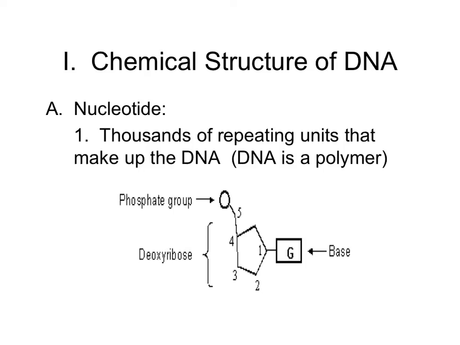The chemical structure of DNA, we know, has 3 groups, and the first is the phosphate, and you've studied phosphate as a functional group. It will be tested on the exam.